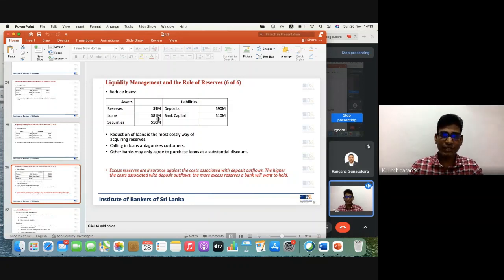You could see in the 2007 financial crisis that so many banks did that at a substantial discount. The discount is substantial, so then you will be the loser. So this is another way of handling liquidity management. So we now know how this basic banking business works, and within that system, how we can manage the liquidity.